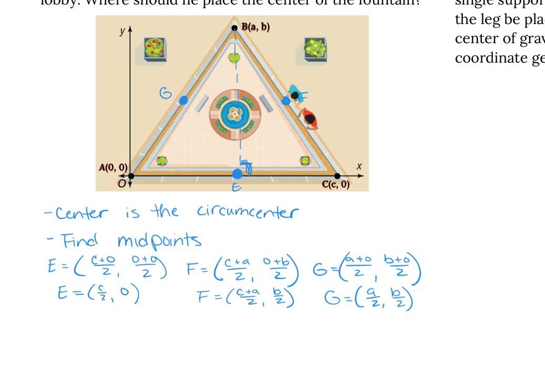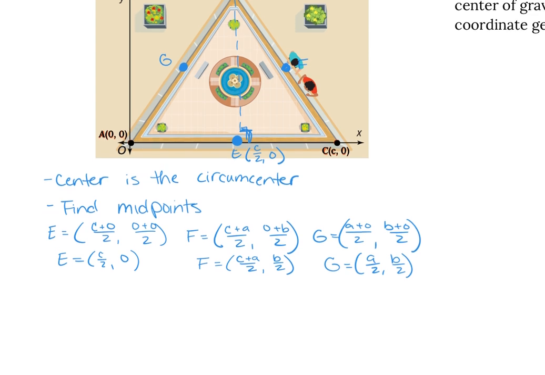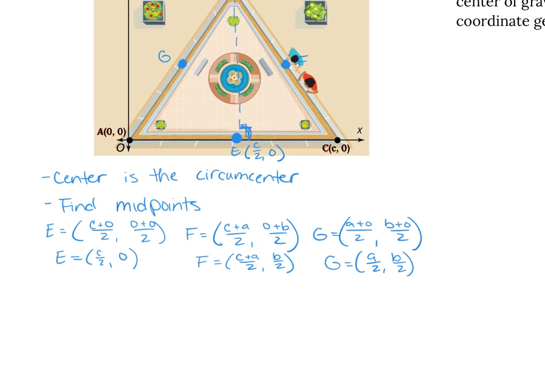Okay, and if our point E here is C over 2, 0, that means the equation for this perpendicular bisector would be x equals C over 2, because we are creating a vertical line straight up and down.